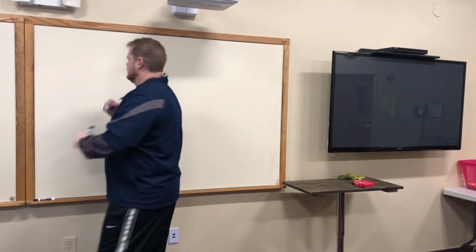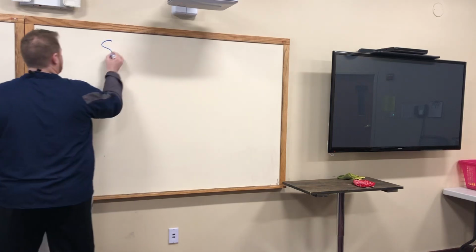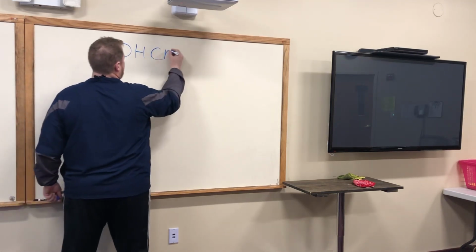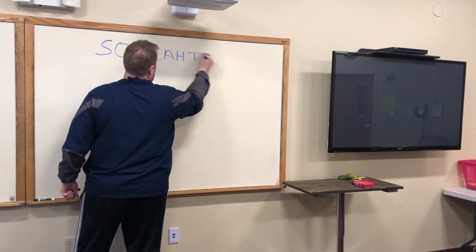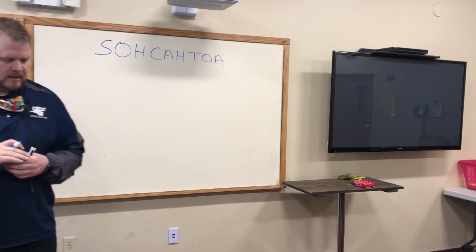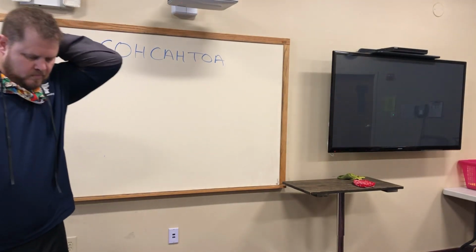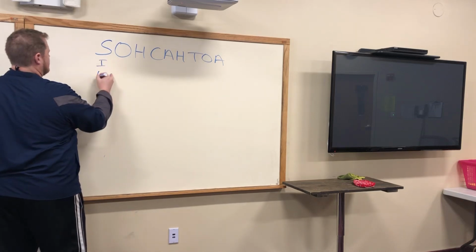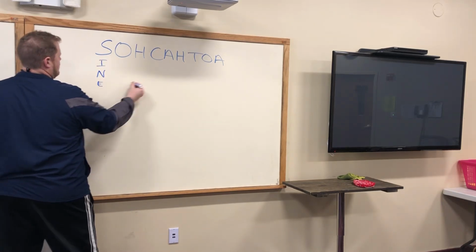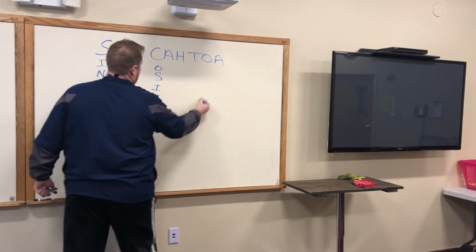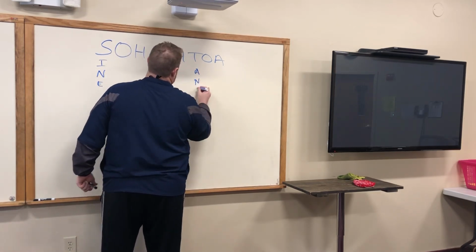And so what you have to start with is the basics. There's an acronym that we will use in this class to help you with trigonometric ratios. The acronym is sine, cosine, tangent.